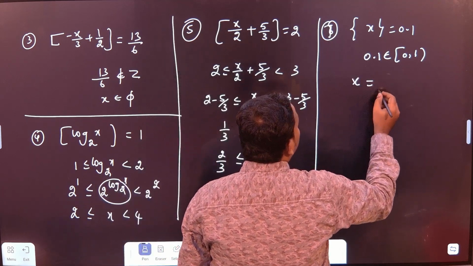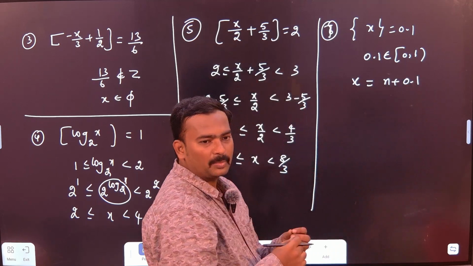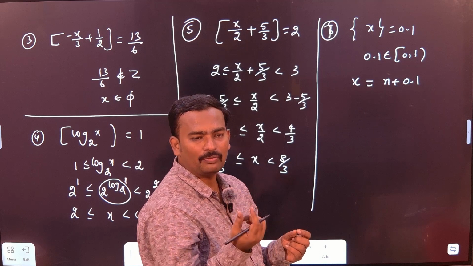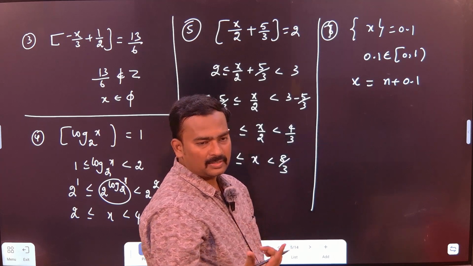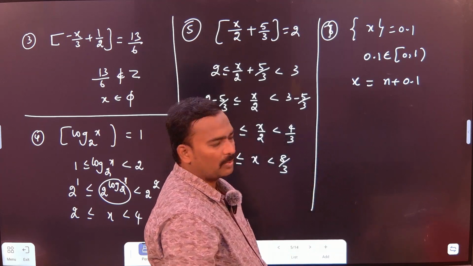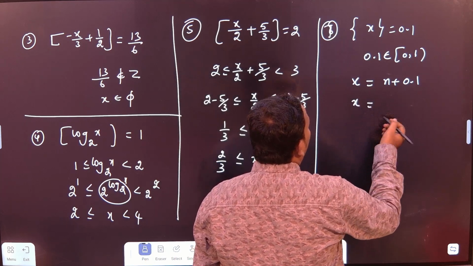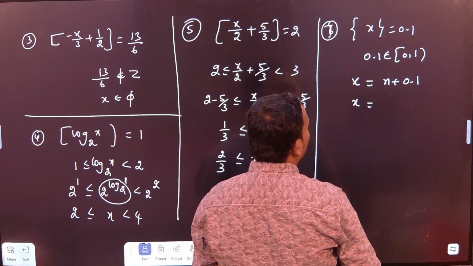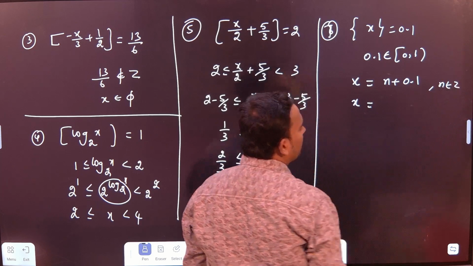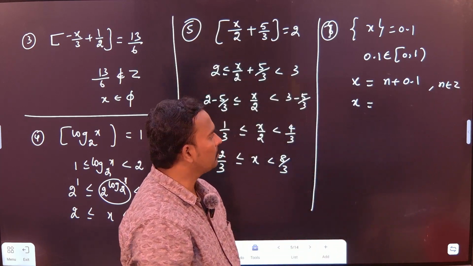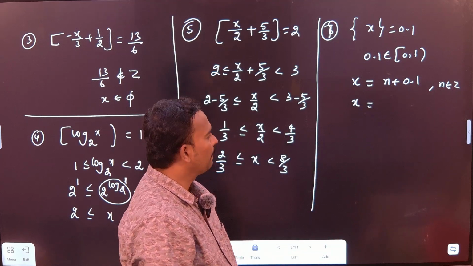So you can write x is equal to n plus 0.1, because any real number you can write as the sum of the greatest integer, n here, which is an integer, plus the fractional part function, right? So x is equal to n plus 0.1, where n belongs to the integers. So there are infinitely many solutions possible. Depending on n, you can find different x values, right? Okay.